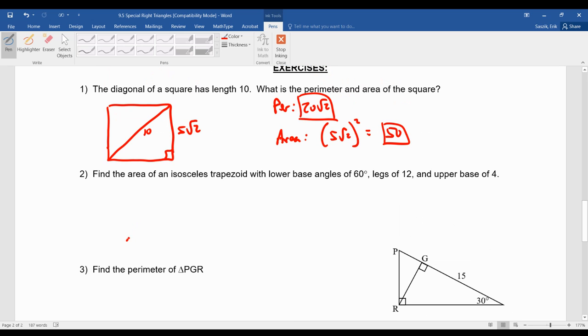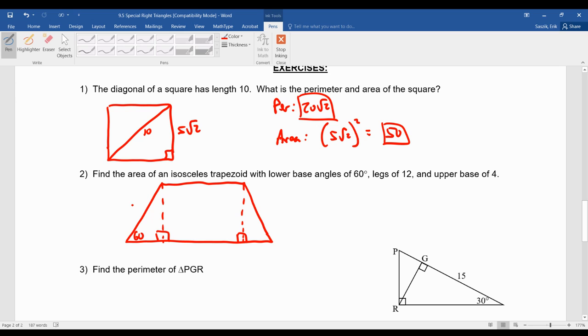Now we talked about an isosceles trapezoid in a problem the other day, not too long ago. Lower base angles is 60, that's huge. What you often want to do is drop in these altitudes, kids. So here we're creating two 30, 60, 90 triangles.